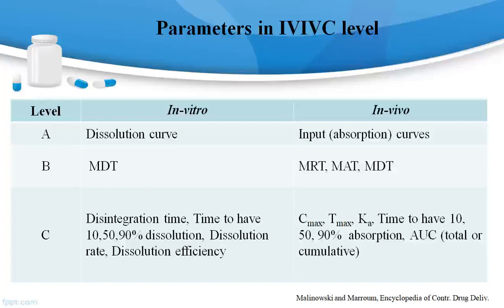For level C, in vitro disintegration time, time to have 10%, 50% or 90% dissolution, and dissolution efficiency; in vivo, Cmax, Tmax, absorption rate constant, time to have 10%, 50%, 90% absorption, and area under the curve, that is total or cumulative.